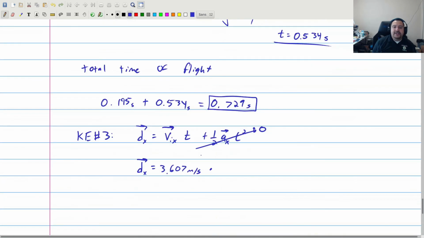But if I want to know the entire distance it's going to travel, I'm going to use the entire time, 0.729 seconds. And when I do this, I get 2.63 meters, or 2 meters and 63 centimeters.